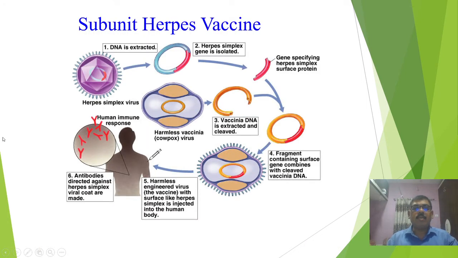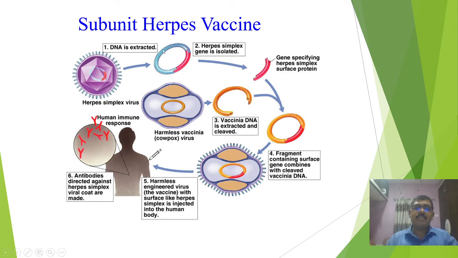Here is another vaccine, a vaccine against herpes. This DNA is extracted from the herpes simplex virus, and this red colored gene is isolated from the herpes simplex virus.